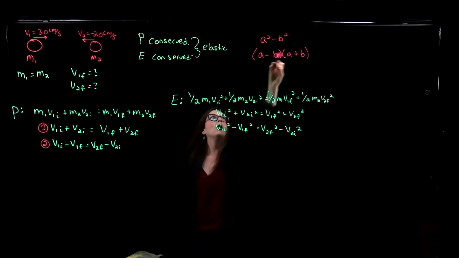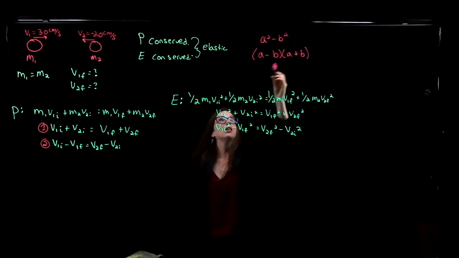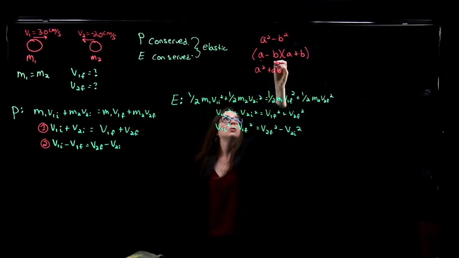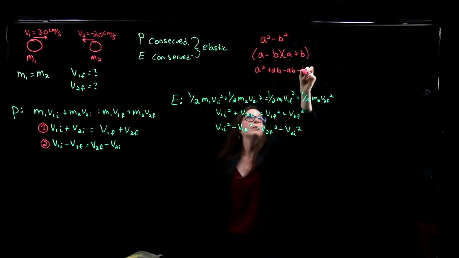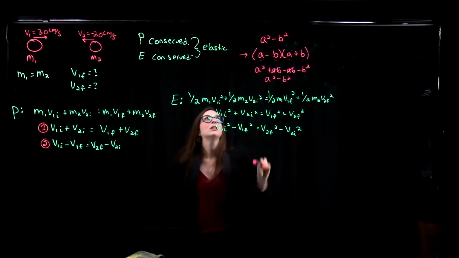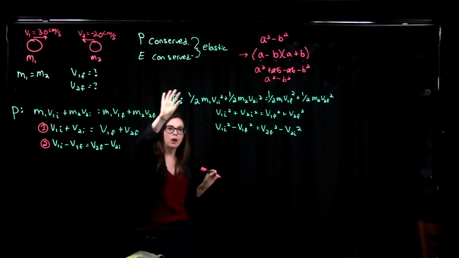Because then if you go back and multiply those terms together, we'd have a squared. So if you multiply the first terms together, that would be a squared. Multiply the outer two terms together, that would be plus ab. Multiply the inner two terms together, that's minus ab. And then multiply the last two terms together, that'd be minus b squared. Then we get back our a squared minus b squared. So this is how you can factor out a squared minus b squared.